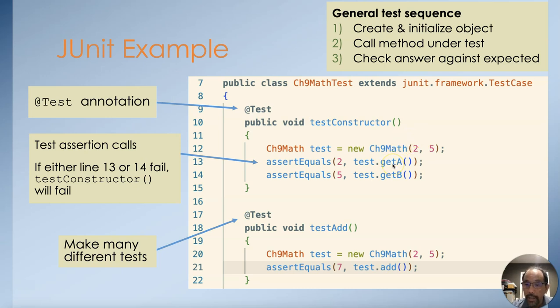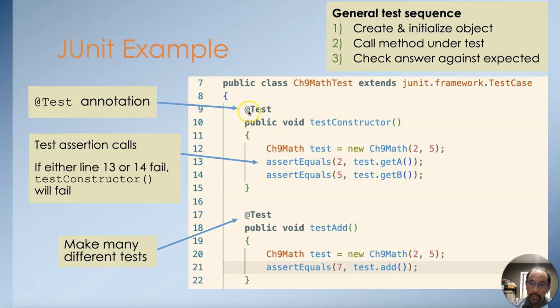Then I call the method, and I give it the expected value. And this assert equals method is a method belonging to this framework as a way of checking to see whether it's equal to each other. In this case, I have two different assertions here. If either of these assertions fail, then this particular test, this test constructor test, will fail and it will get reported as such.